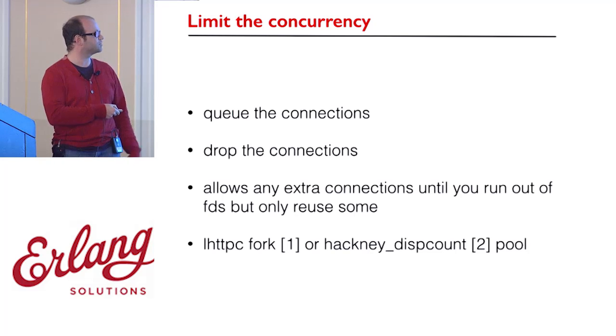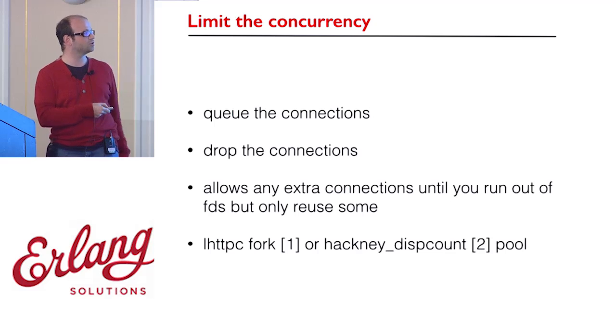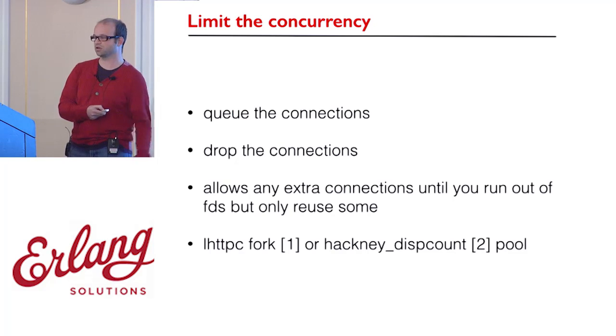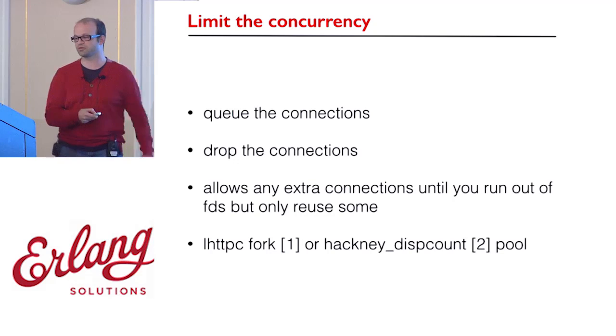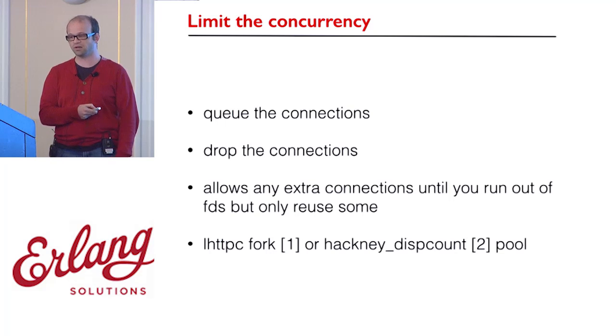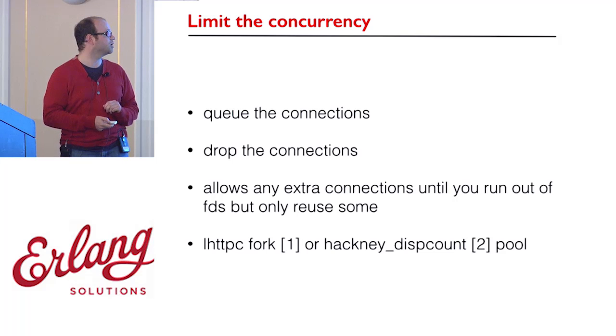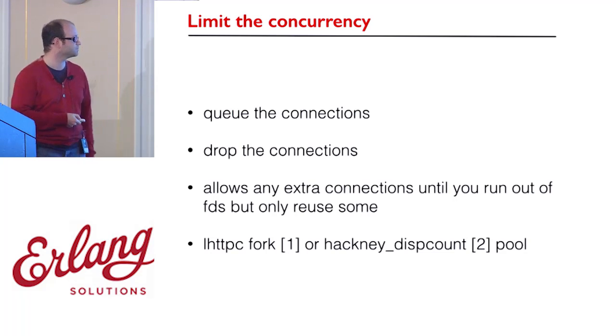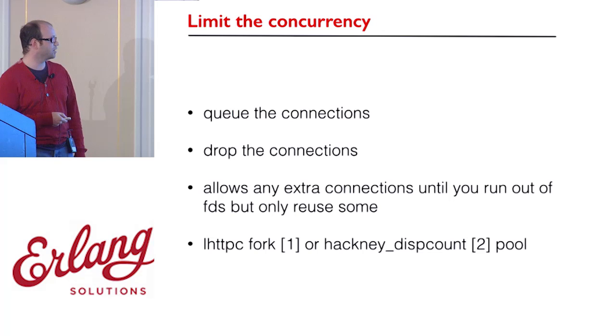So in this system, you can launch a lot of requests in parallel and kill them when you want. Limit the number of requests you want in parallel, the number of concurrent requests, and queue some or just drop any new connection to it.